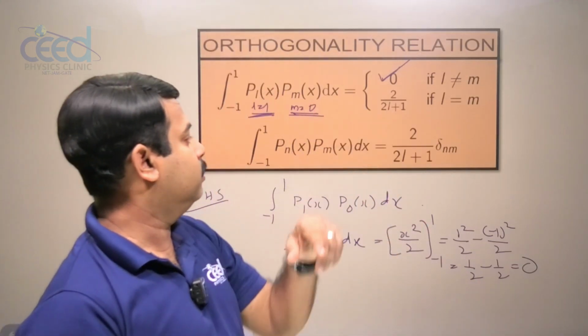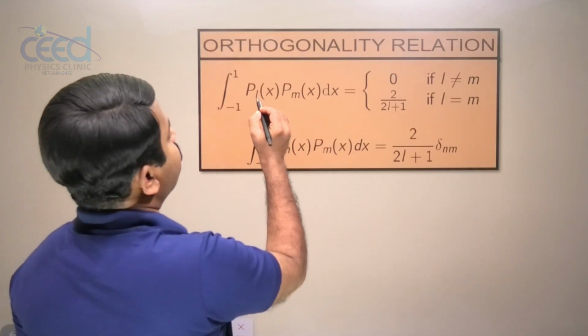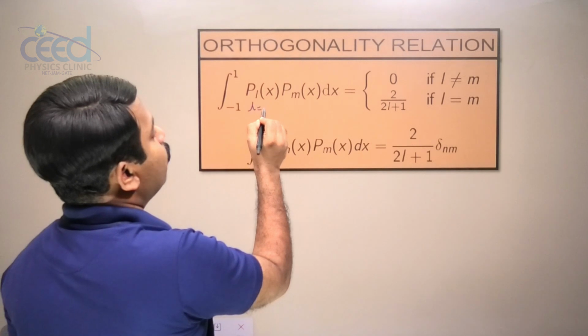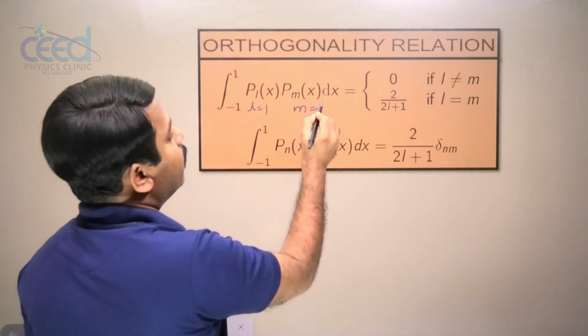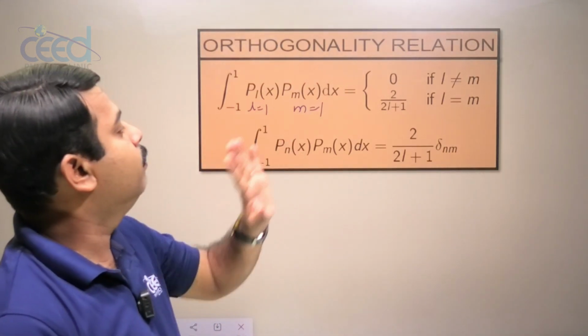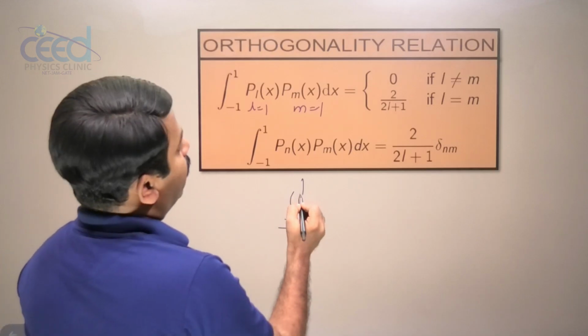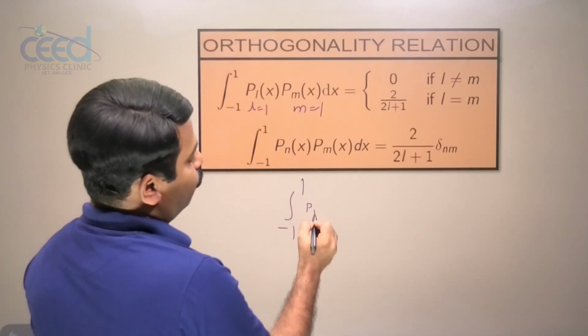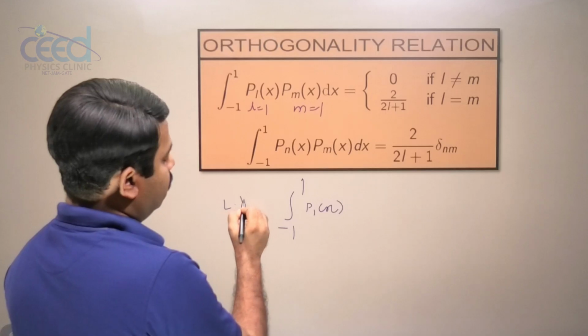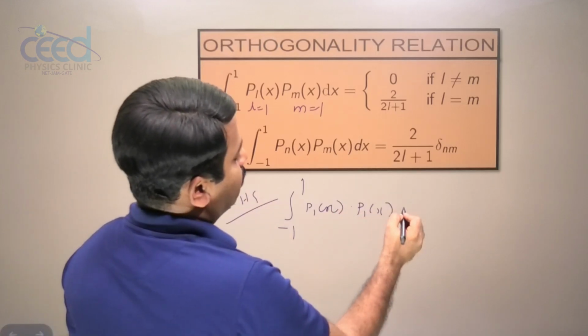Now the second part, we can also check. Suppose L is equal to m, say L is 1 and m is 1, both I am giving 1. LHS I am finding the integral from minus 1 to 1 of P1 of x into P1 of x dx.